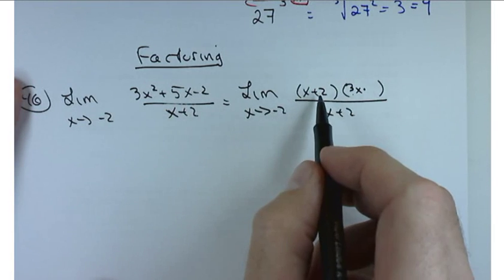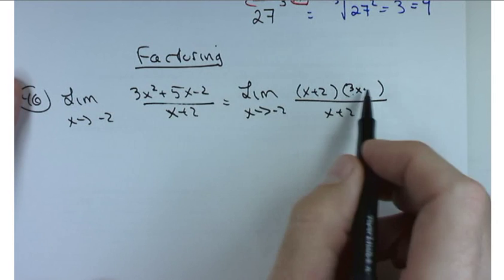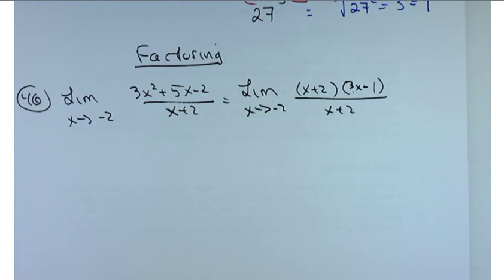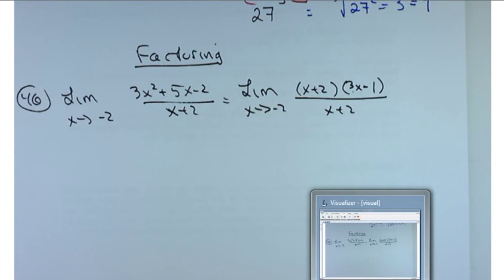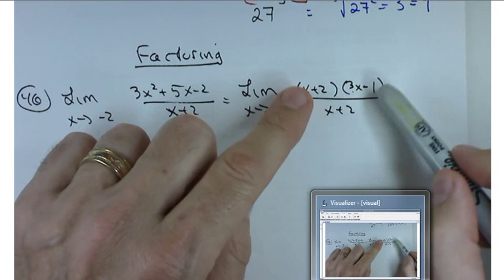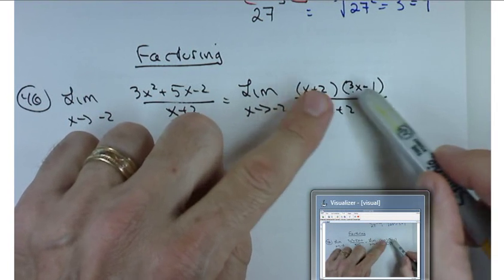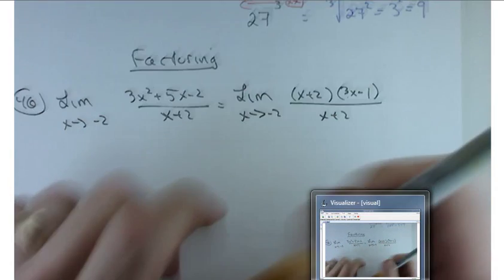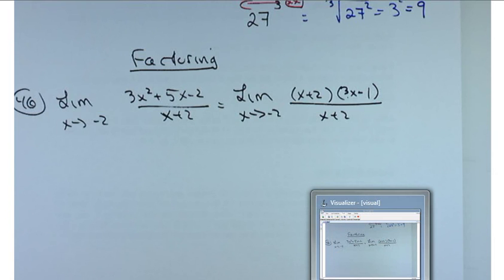Well, I have to have a 2 times something gives me negative 2. Not much choice there, right? So, wow. You should double check it by foiling. 3x squared minus 1x plus 6x. Well, that's my 5x, and then I get the minus 2. So it does check. It works.